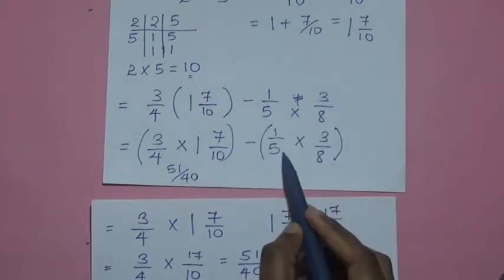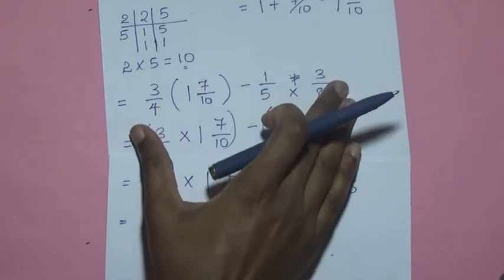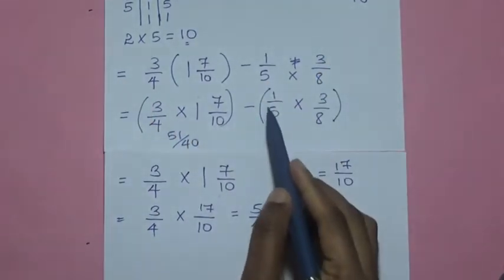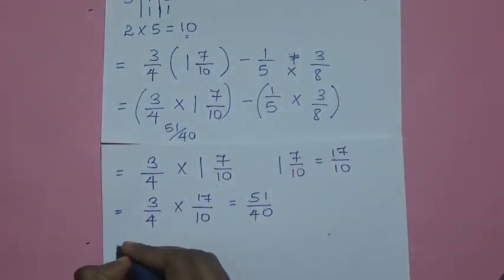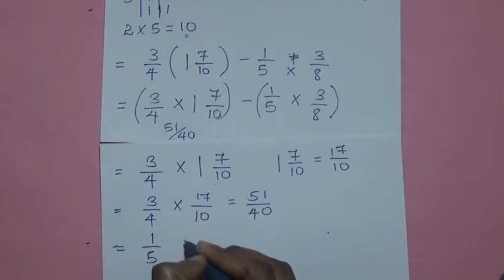And then we solve the second one, which is 1 over 5 multiplied by 3 over 8.